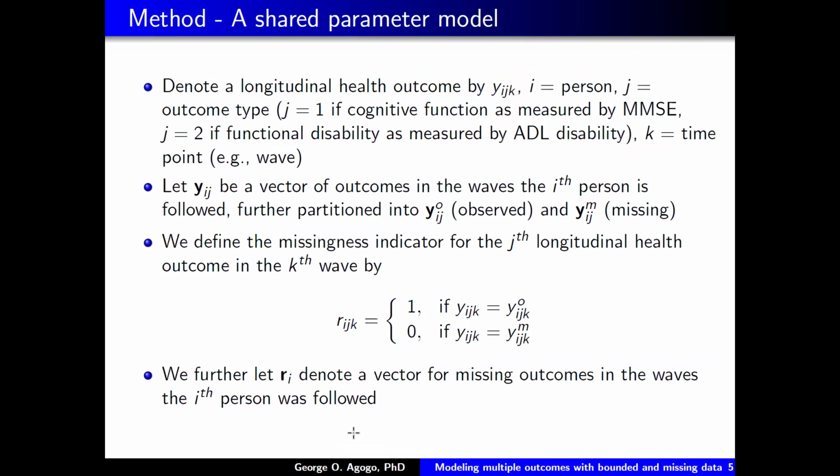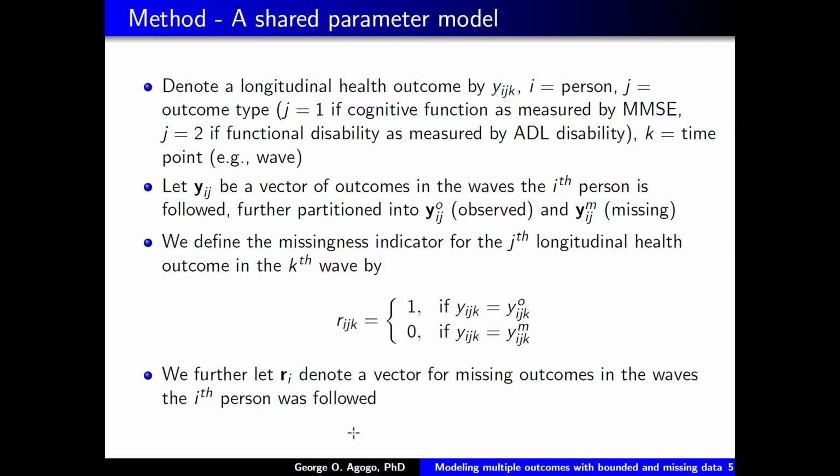I'm using a lot of statistical notation, but I'll explain this in a way that you will not be scared by these symbols. Basically, we denote a health outcome, MMSE or ADL disability, with Y_ijk.